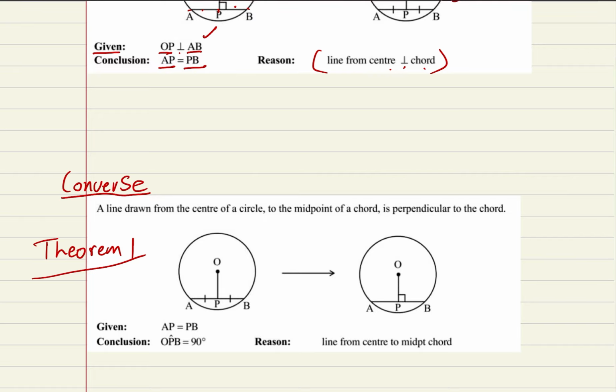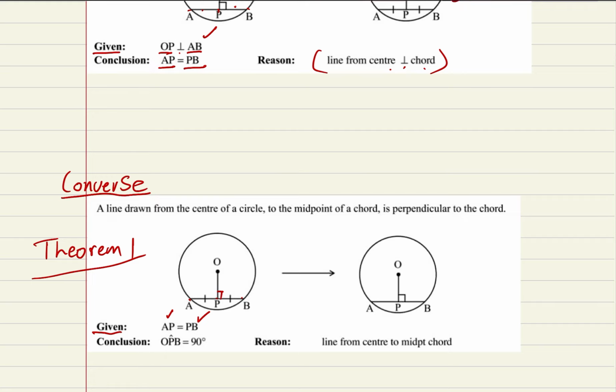So here, it is given that AP equals PB, so these two lines are equal. Hence, what will be our conclusion? Our conclusion is that this angle here will be 90 degrees. And once that angle becomes 90 degrees, it's theorem number 1. Theorem number 1 says a line from the center perpendicular to the chord.